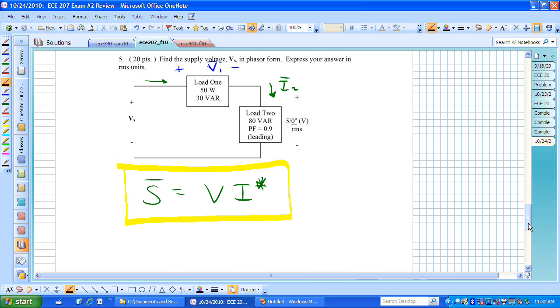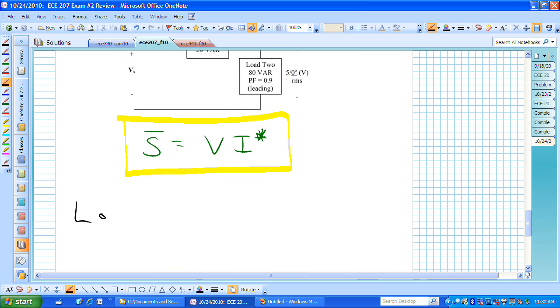Where we are going to start, then, is with load number 2. That's what we have in terms of enough information to work this problem. We're given that Q2 is 80 vars, and since it's leading, we have this minus sign.